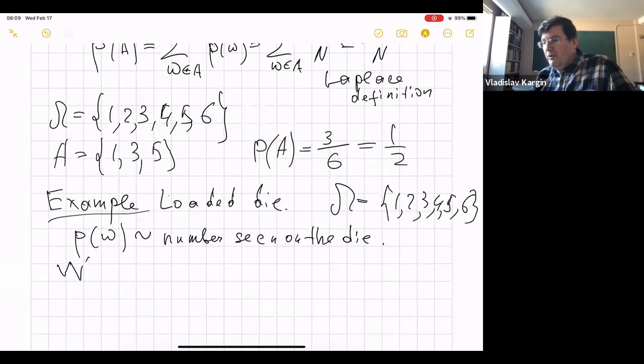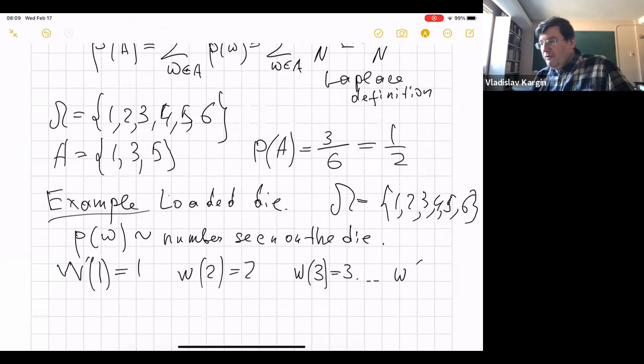These are our outcomes. And we'll say that the weight of 1 is equal to 1, the weight of 2 is equal to 2, the weight of 3 is equal to 3, and so on. The weight of 6 is equal to 6. So these are the weights assigned.